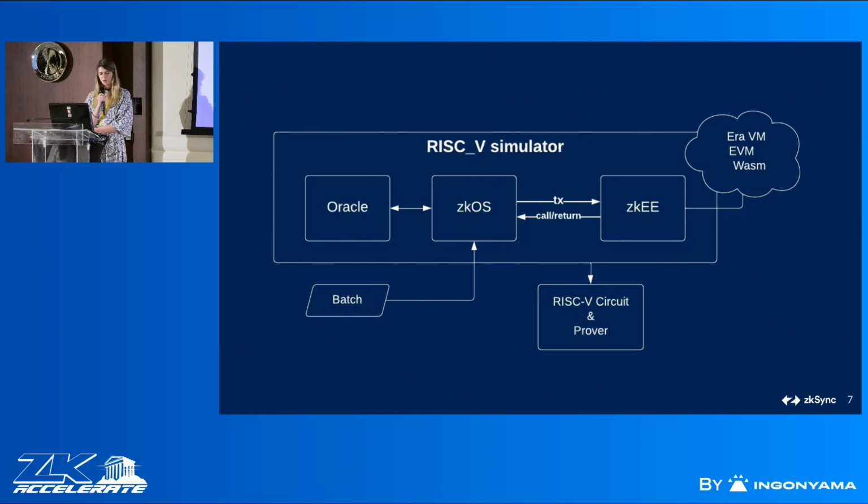So how does it work, step by step? zkOS runs in forward mode in a sequence to process a user transaction first. Later, the witness generator runs a batch again using the forward mode and records the oracle values, like storage. The witness generation then runs inside the RISC-V emulator using zkOS in proving mode and builds the witness during that.